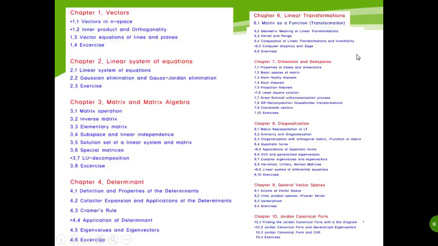Then we will continue from the 9th week to cover dimension, subspace, matrix diagonalization, and general vector spaces. And we will conclude this semester with how to find the Jordan canonical form of an arbitrarily given matrix.